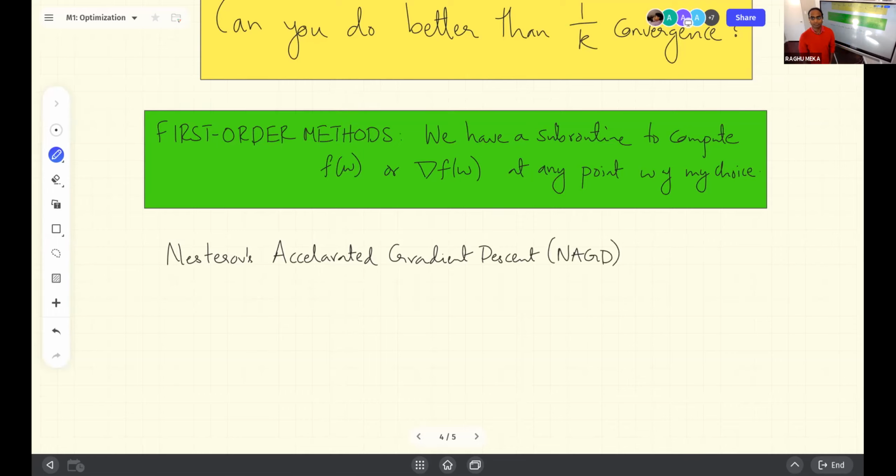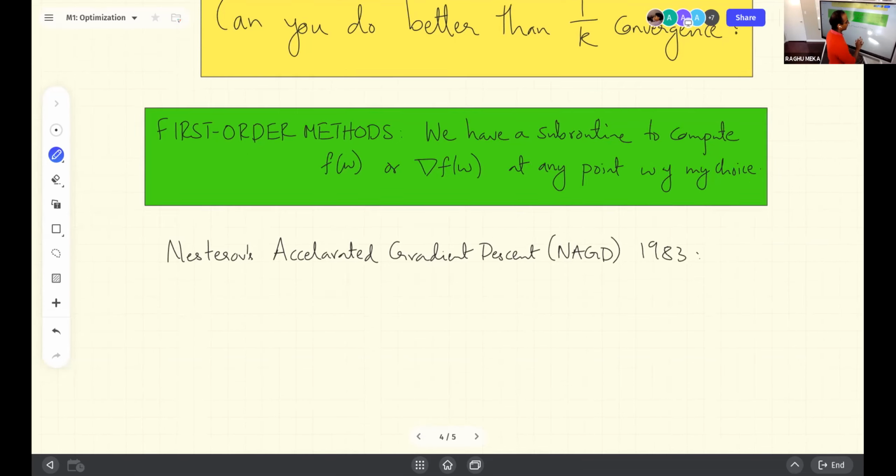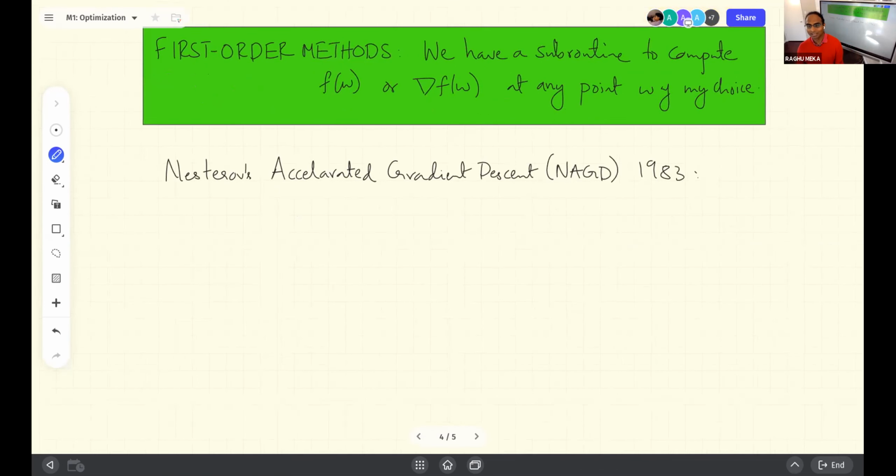This is from 1983. It was published in some Russian journal, but the algorithm is really just 4 lines. Instead of gradient descent being 2 lines, it has maybe 2 extra lines, but it's amazingly influential in practice. Many modern machine learning applications use some form of acceleration, even if not in the exact form Nesterov envisioned, just variants where you tweak the parameters in some ways.